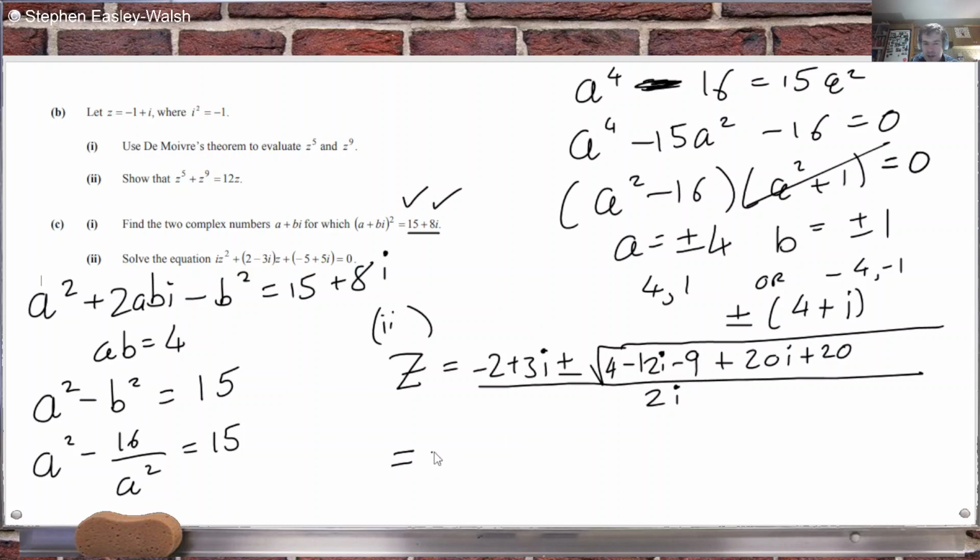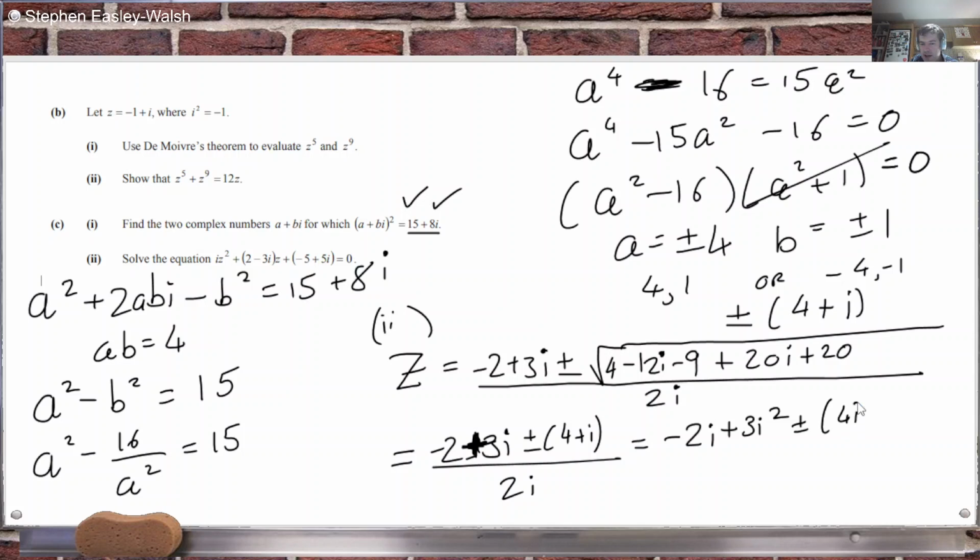So this would be minus 2 plus or minus 3i all over 2i, plus or minus 4 plus i. If I multiply above and below by i, I get minus 2i. Oh, sorry, I shouldn't have written that, that's not plus or minus, that's just plus. Minus 2i plus 3i squared plus or minus 4i plus i squared all over 2i squared, which of course is minus 1.